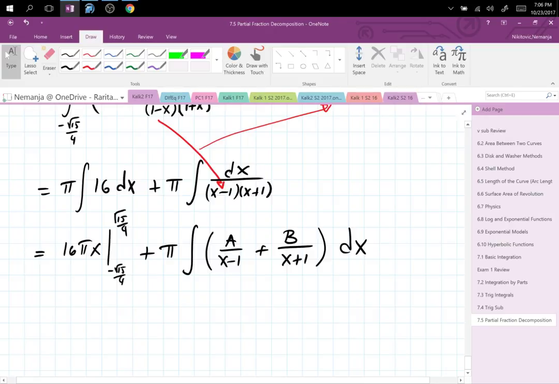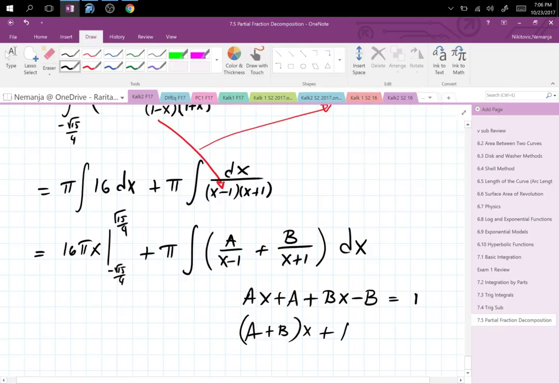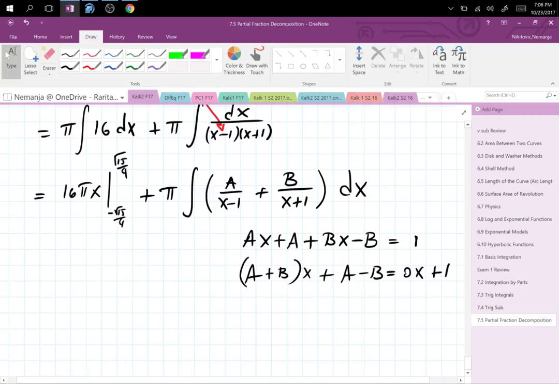I think these guys are half each. So a plus b is 0 and a minus b is 1.